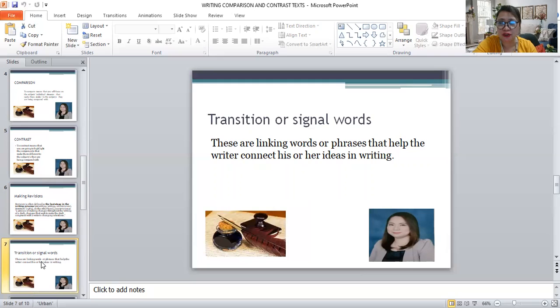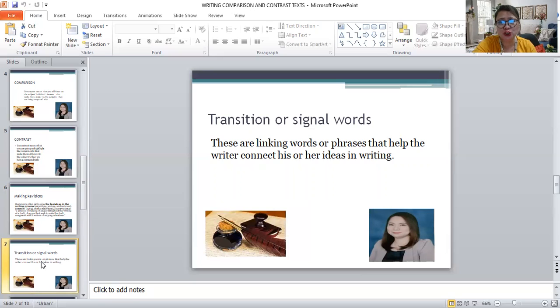In making revision, you call the edited work of a writer a revision. They need to provide feedback, correct errors, and overall improve the written output. When you are making revisions for any kind of text, including comparison and contrast, you must consider the following strategies to make your output clear, concise, and coherent, and to make your intended message easy to understand.